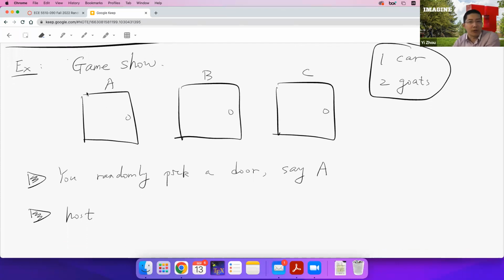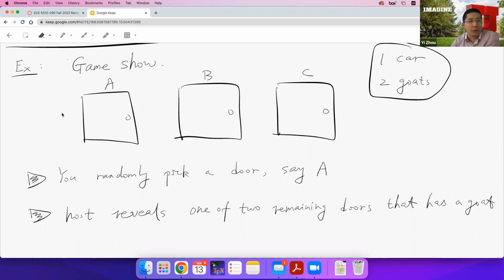Now you pick door A, you don't know what's behind it, but for the rest of the two doors, the host reveals one of the two remaining doors that has a goat.